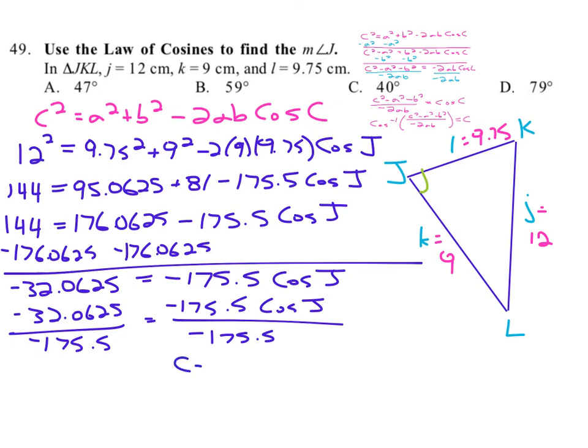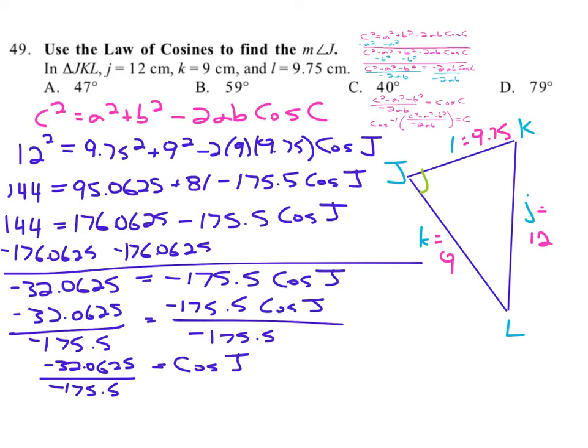And we get cosine of J is equal to, you could keep those negatives if you wanted. I'll leave them there this time just so you can see that you can actually still keep them there. Negative 32.0625 divided by negative 175.5.